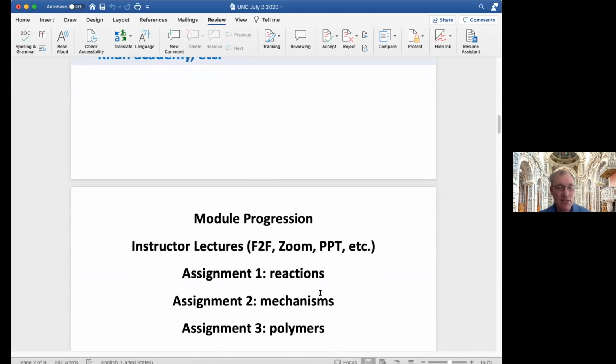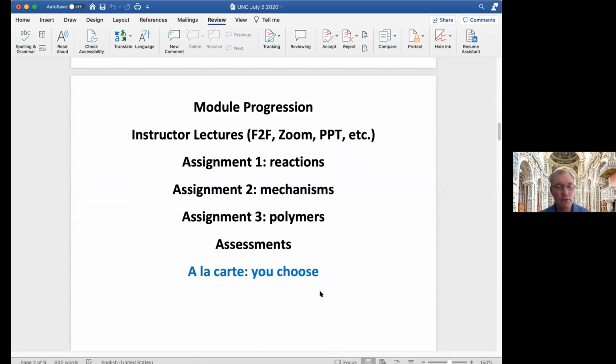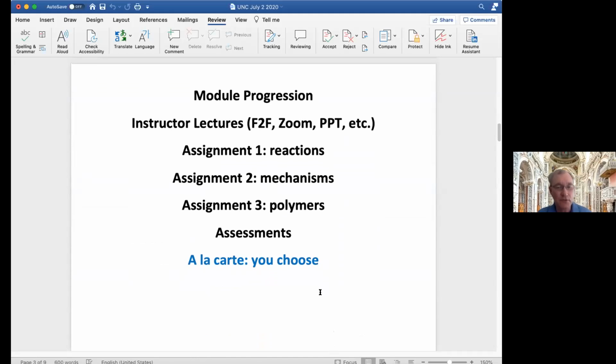The way I typically envision this module to progress is that an instructor will give a lecture about radical chemistry that encompasses the material that students will then be solving assignments on and be assessed on. Those could be done using face-to-face approaches, Zoom lectures, PowerPoint, or whatever else you can think of in today's environment.